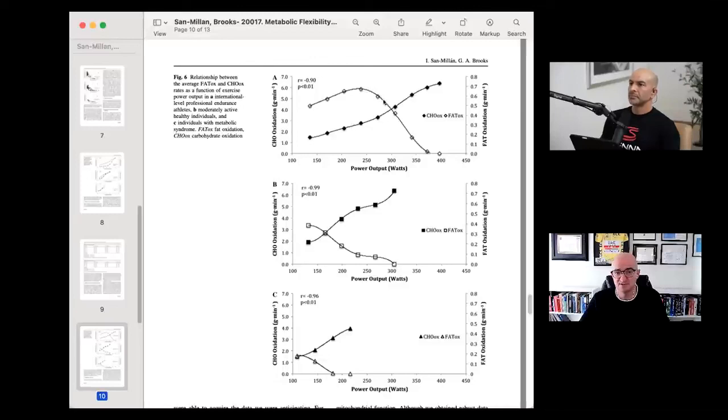So you see a sharp decline, and eventually fat oxidation disappears. And it's all full glycolytic. And the same pattern we see in the rest of populations, with also very high statistical significance and correlations. So that's where all these elements, fat oxidation, carbohydrates, and lactate, are very well connected.